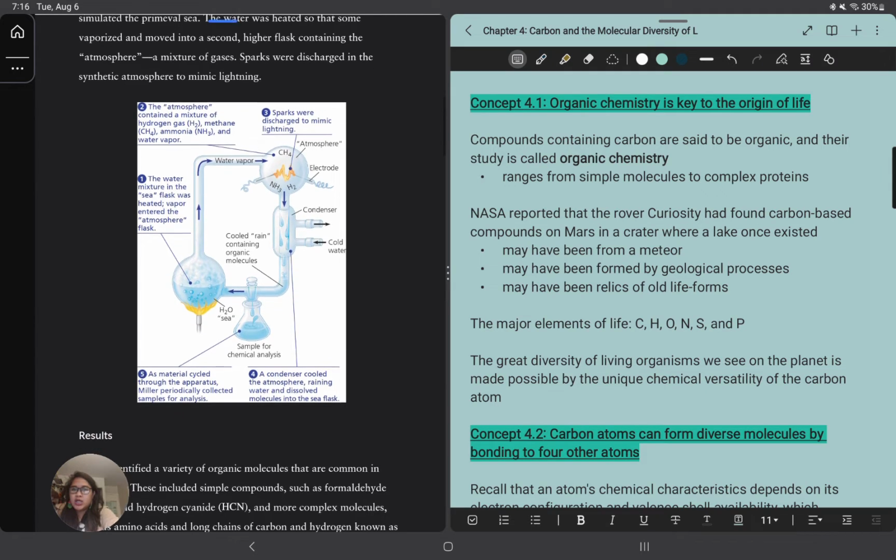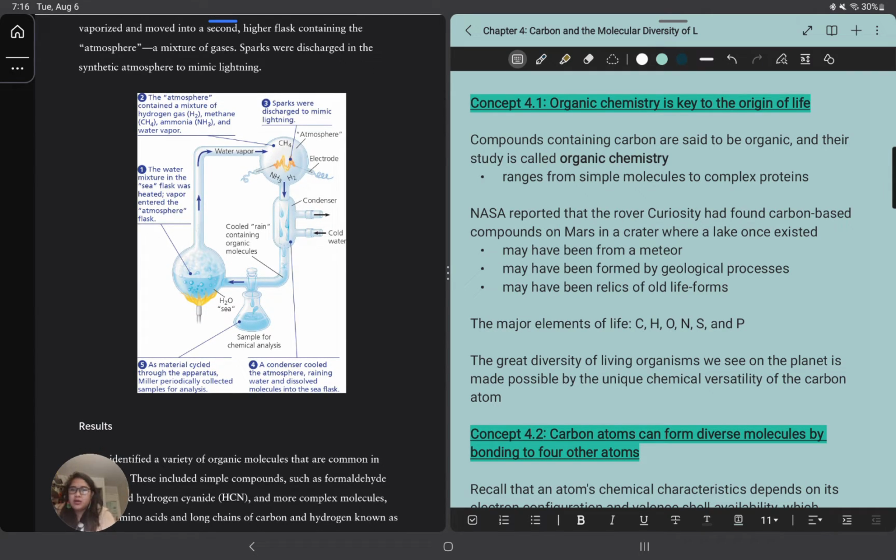So we have the chart here. We're going to start with 1. The water mixture in the sea flask was heated, so vapor entered the atmosphere flask. So this is on the bottom. Then it was heated, so the water evaporates up into the atmosphere gas flask.